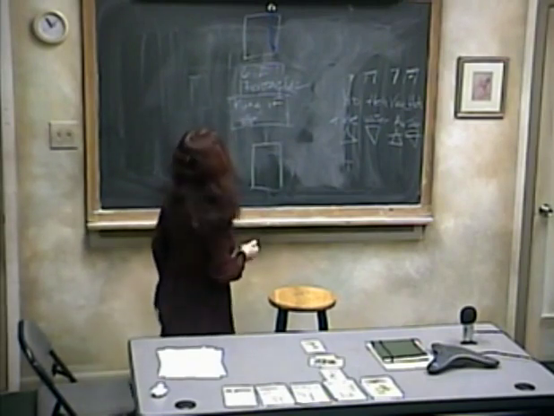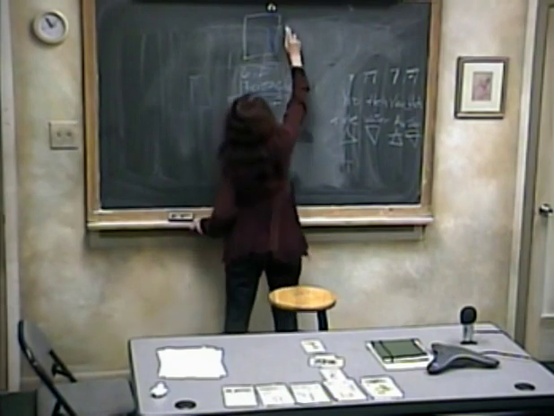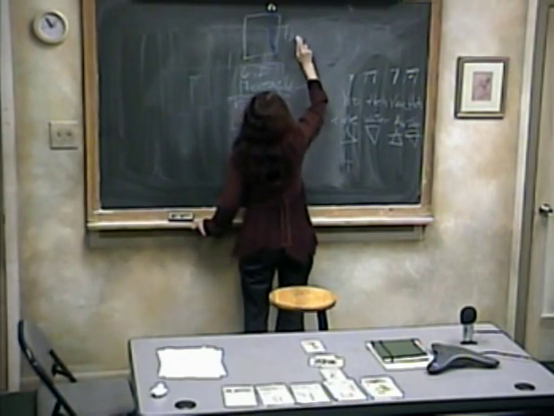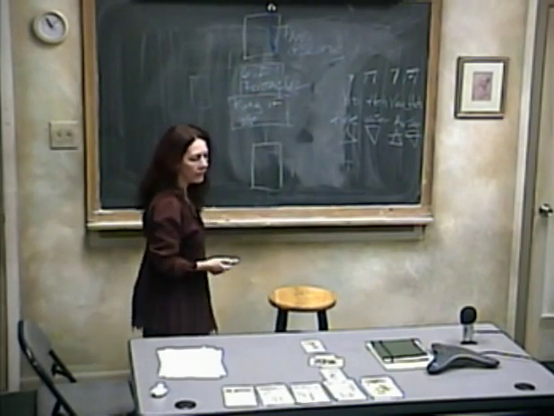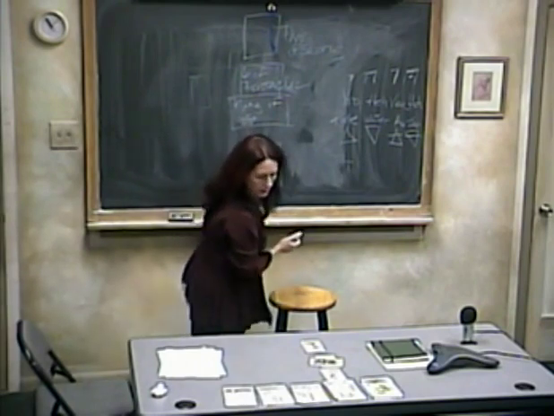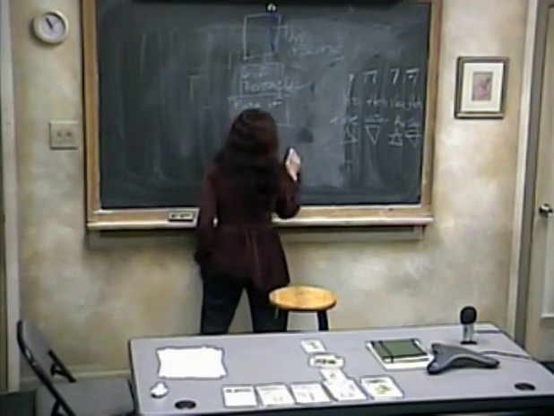Card number 3, up here, Page of Swords. Our foundation card number 4 would be 8 of Swords.